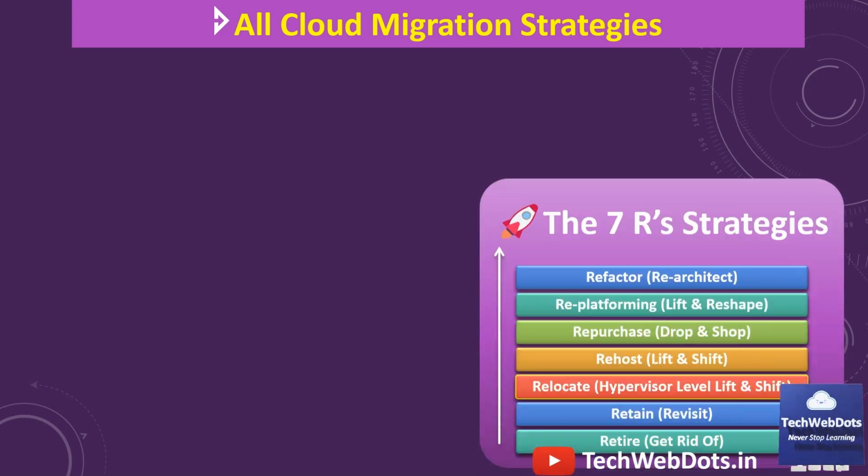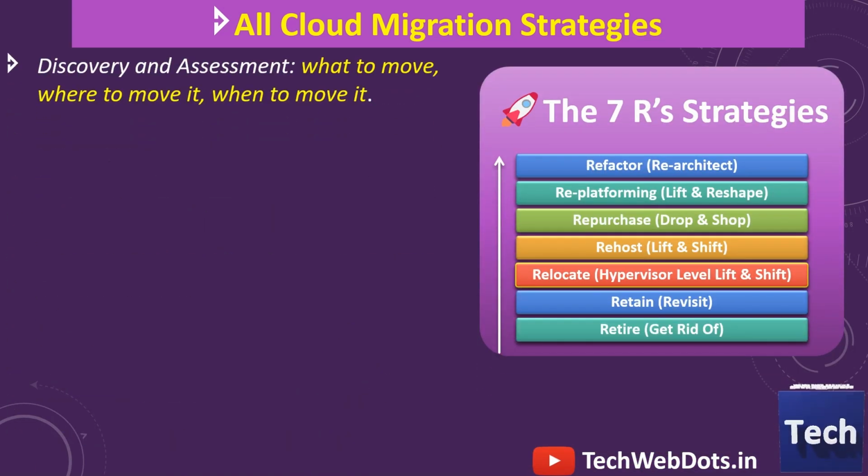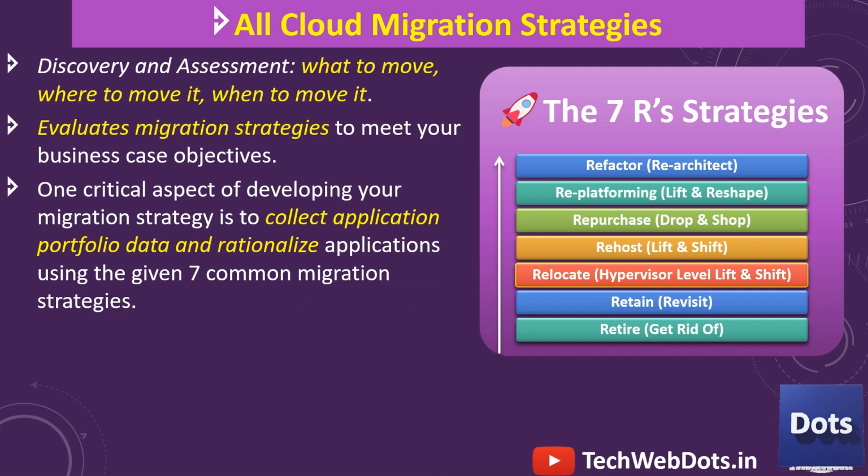And the key thing, right? While we are starting with all 7 R strategies, or we are evaluating, remember we talked about the discovery and assessment phase that actually tells us what to move, where to move, and when to move, right? Evaluating migration strategies to meet your business case objective should be your first goal.